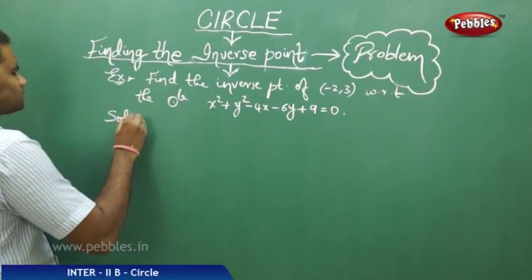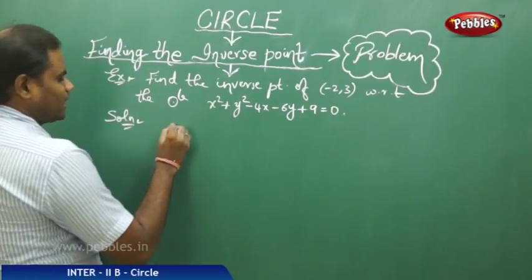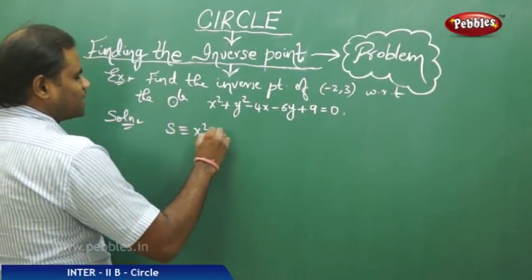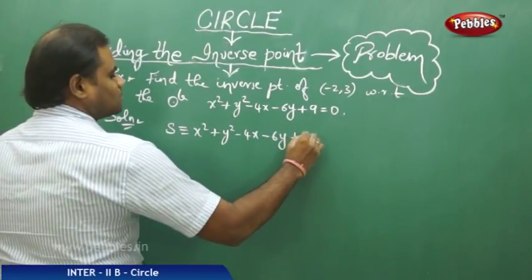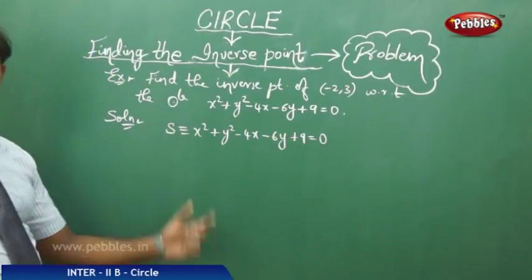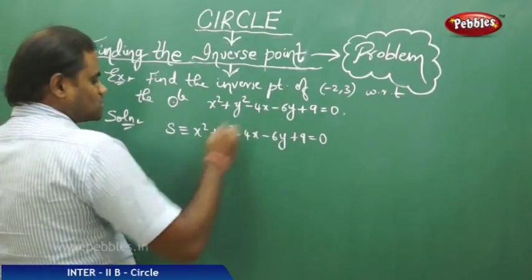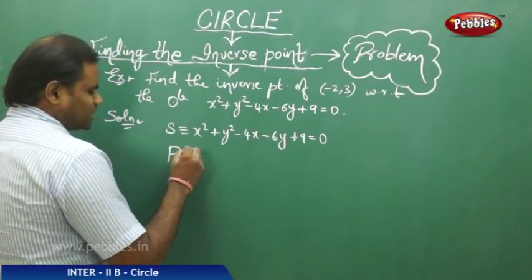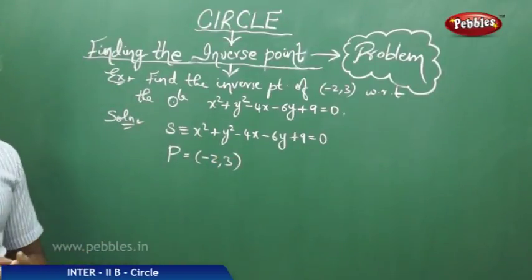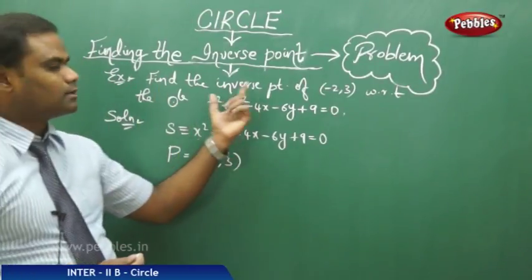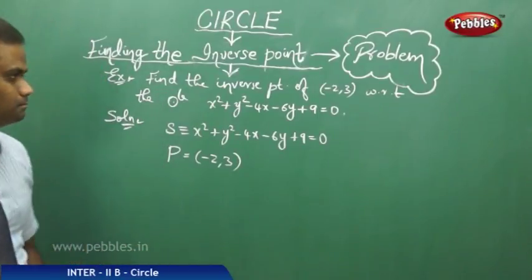So here I clearly have the circle S equals x square plus y square minus 4x minus 6y plus 9 equal to 0. And one of the inverse points is given to be, say I take it as P, which is (-2, 3). Now the question is to find the other inverse point.